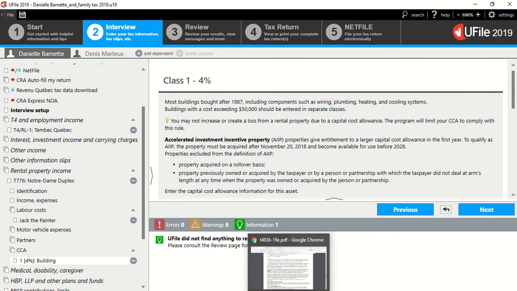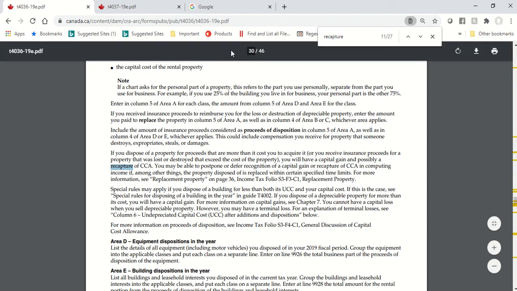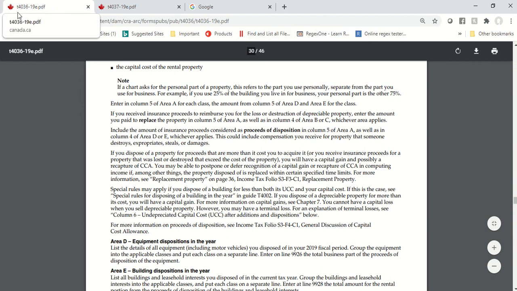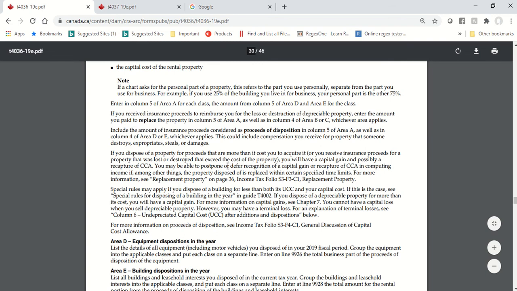Notice that you definitely should look up the rental income guide T4036 and T4037. I'm going to do my best to post a link below. Keep in mind that the CRA can change the link from time to time.